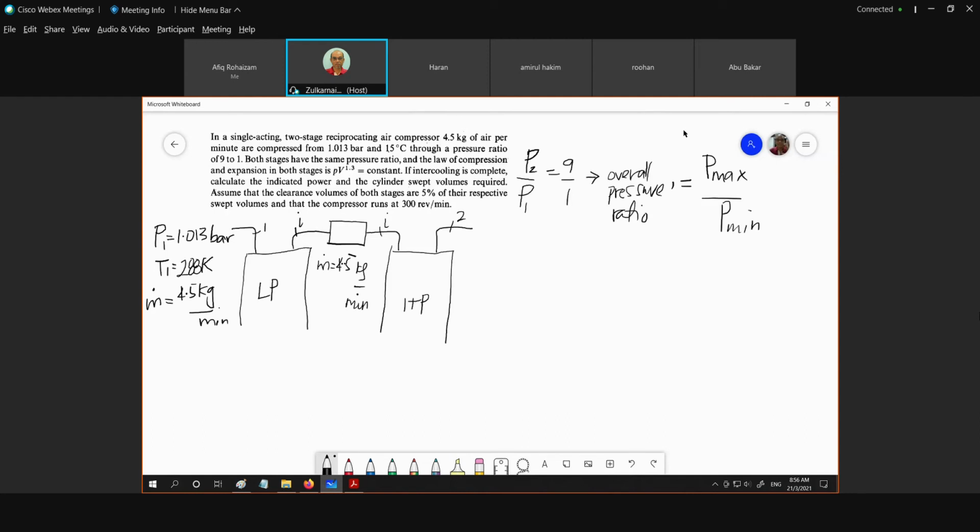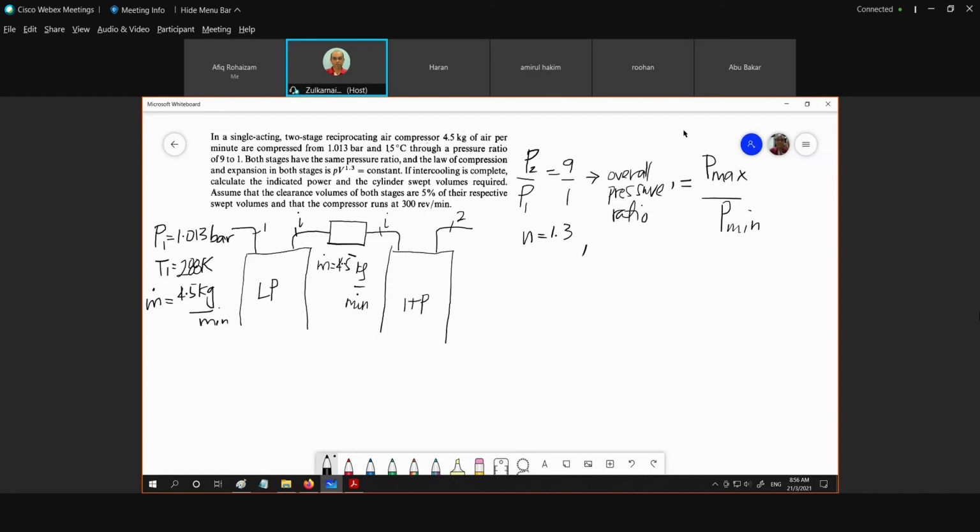So the maximum pressure should be P2 and the minimum pressure should be P1. Dalam kes ini, N is given as 1.3, the compression and the expansion index, polytropic, 1.3.